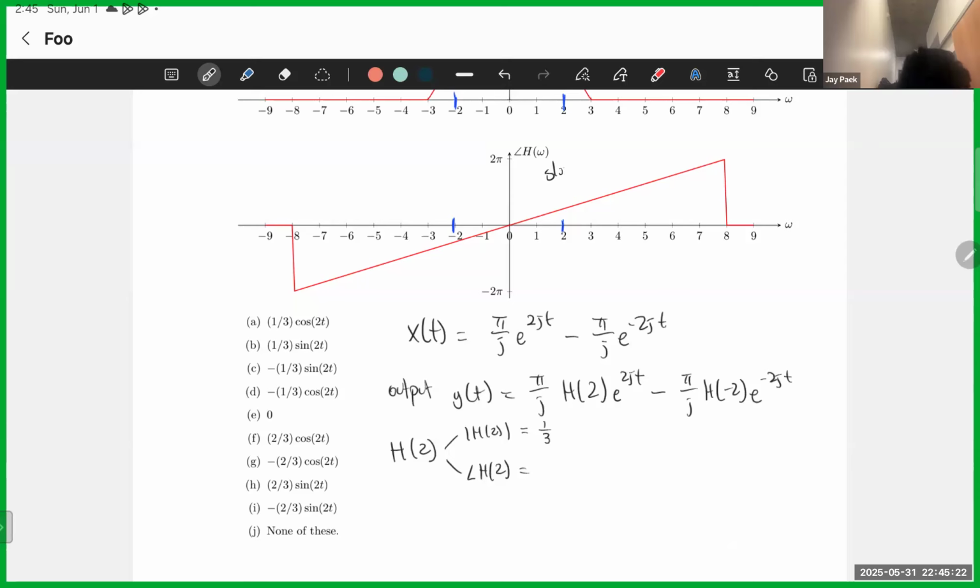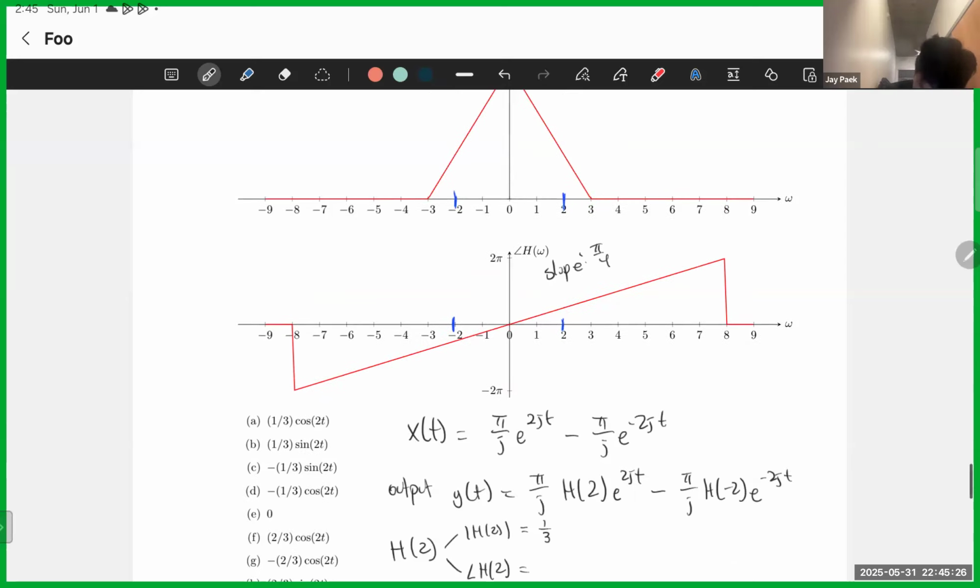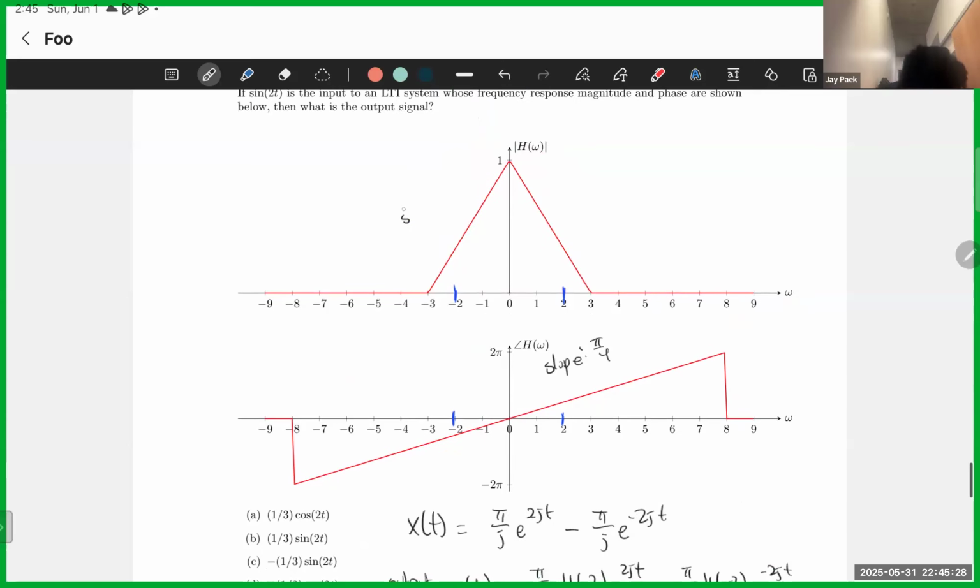Slope pi over 4. The slope here is 3. Like it's negative 3 and then 3 here. So, take that as you will.